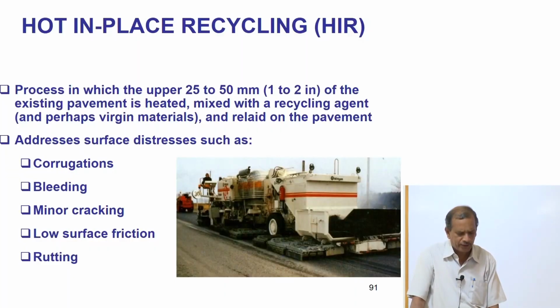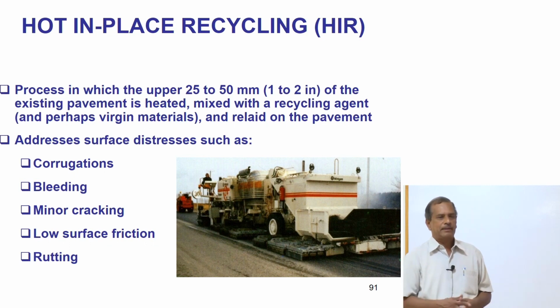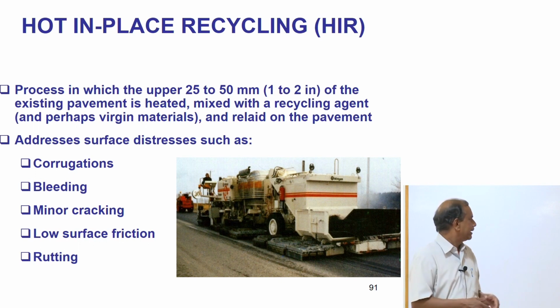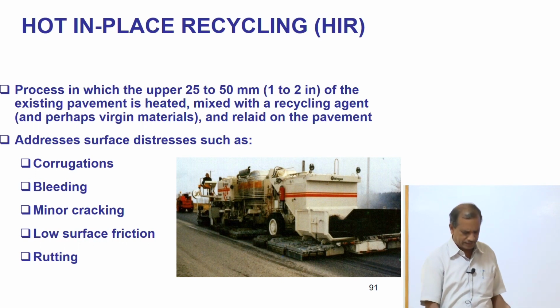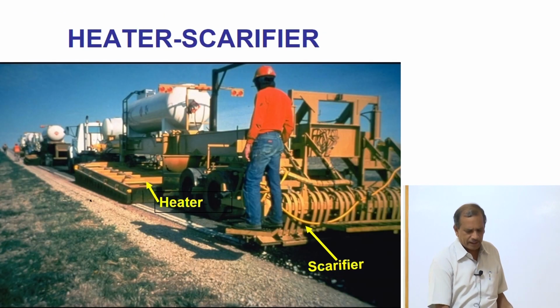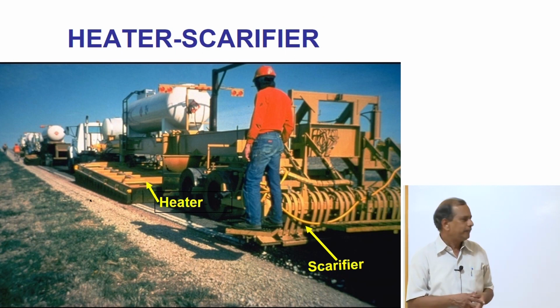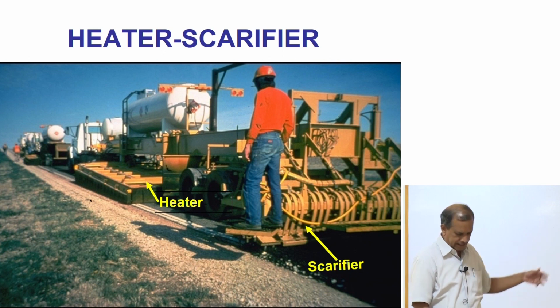The other way by which we can do this is hot in place recycling. The second technology that we are adopting today is this: when the surface has corrugations, bleeding, minor cracking, low friction, or low rutting, I try to heat the layers. I can heat the layers and scarify the material.